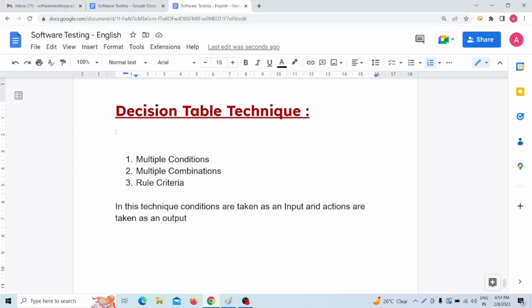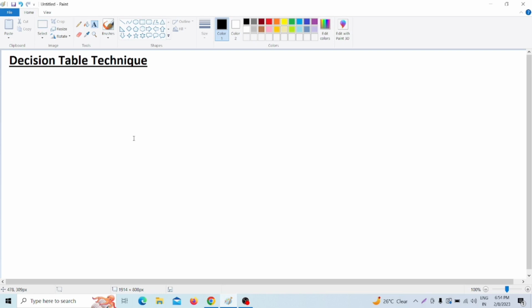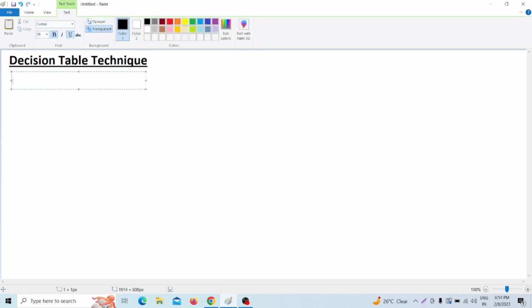Now coming to the example part, how can we draw the decision table? Suppose you have opened a company, one e-commerce company, and in that company you have made some conditions. Suppose there are three conditions.